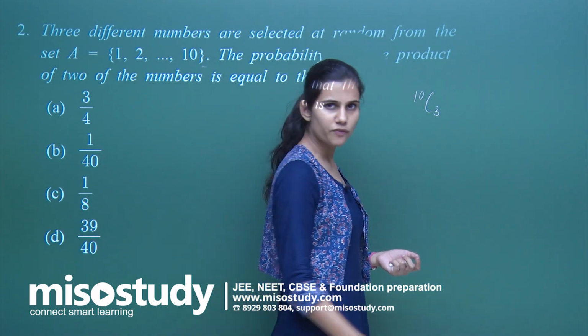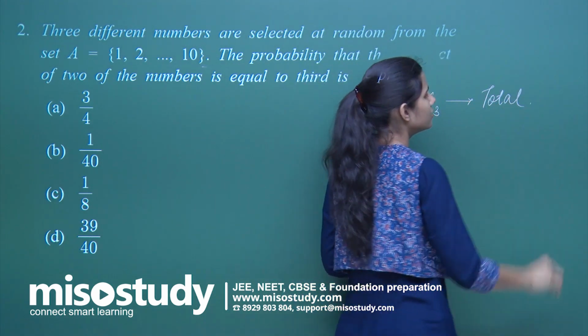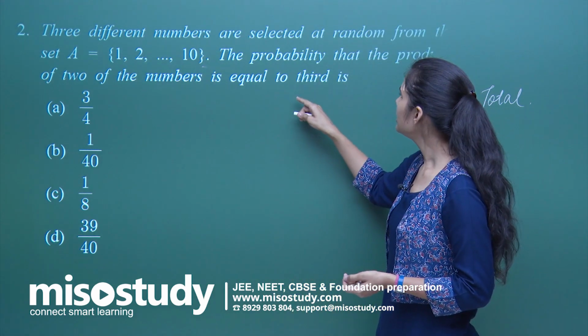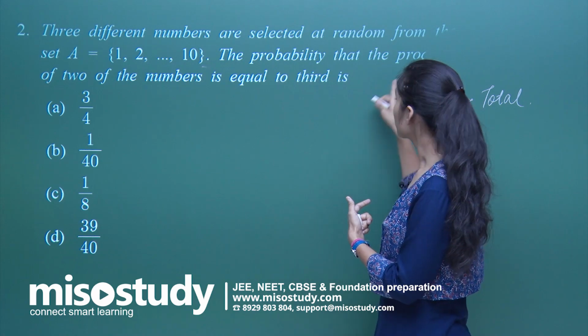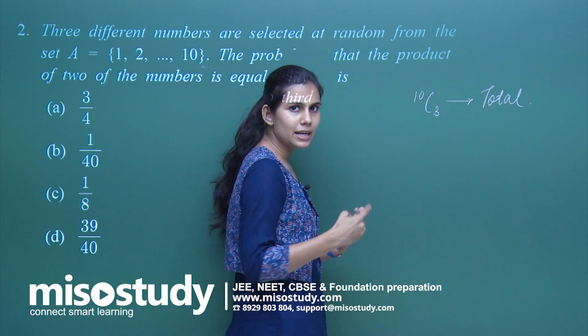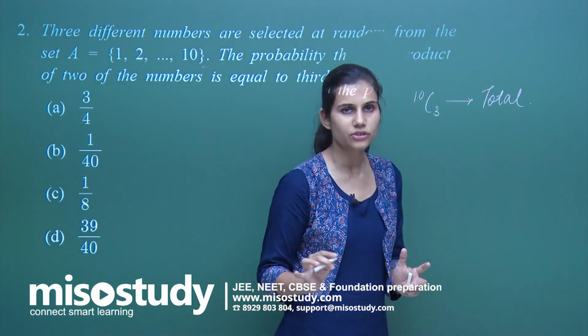This is the total number of elementary events. What are the favorable ones? Favorable ones are those 3 numbers such that the product of any 2 is equal to the third. Just think about all the ways in which product of 2 can be equal to the third. You need to choose such 3 numbers.